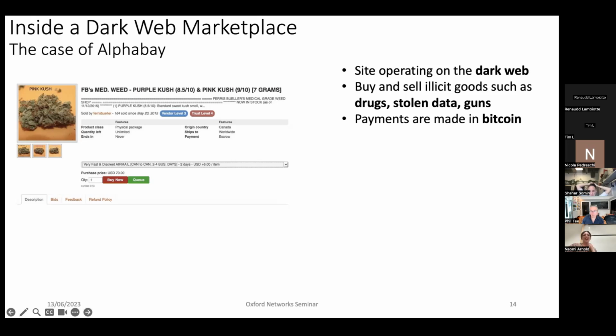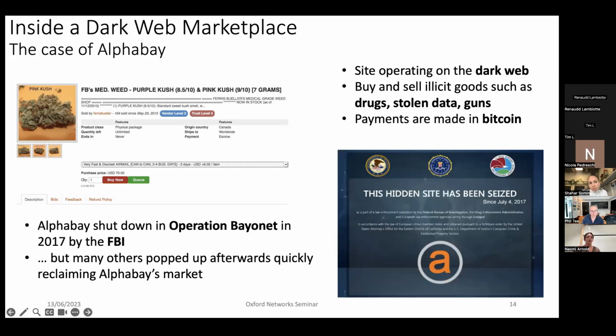And payments on there are made in Bitcoin, which, as data scientists, because those transactions are all public, we can study.